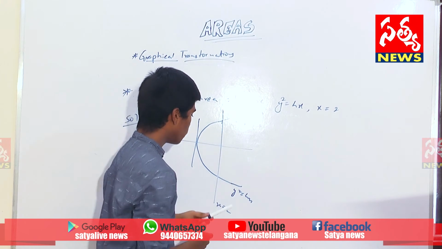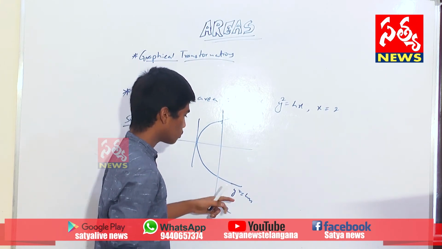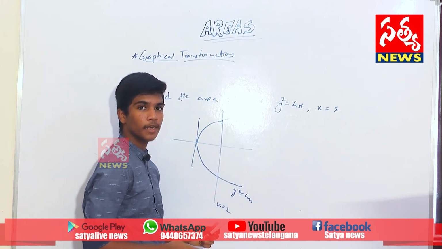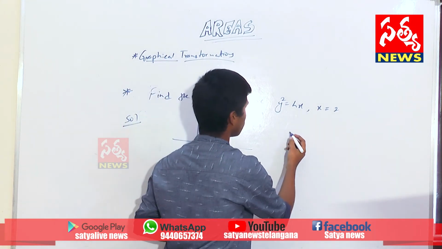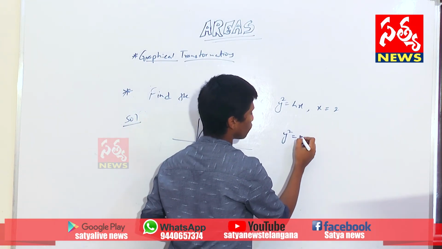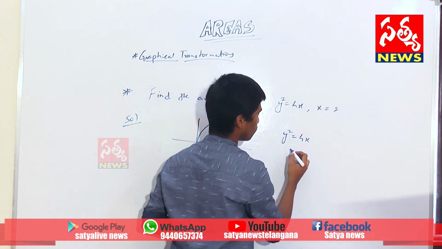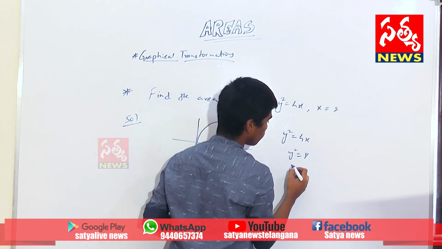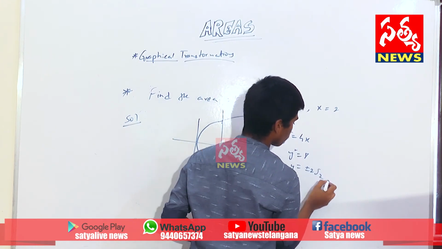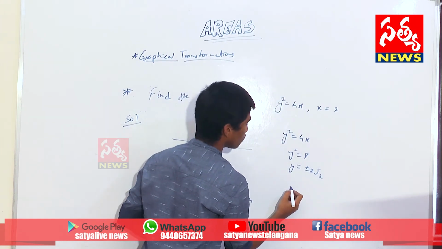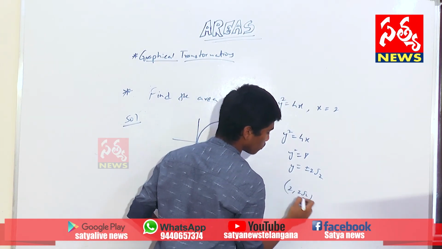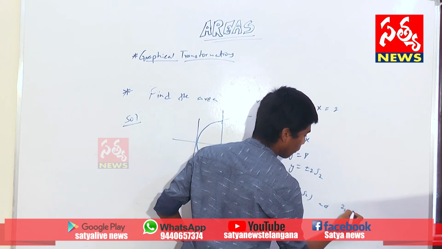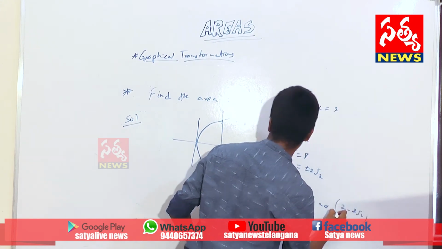First of all, we have to solve these two so that we get the points where they intersect. So I am solving them now. y square equals 4x, where x equal to 2, y square equals 8, y is equal to plus or minus 2 root 2. So the points are 2 comma 2 root 2 and 2 comma minus 2 root 2.